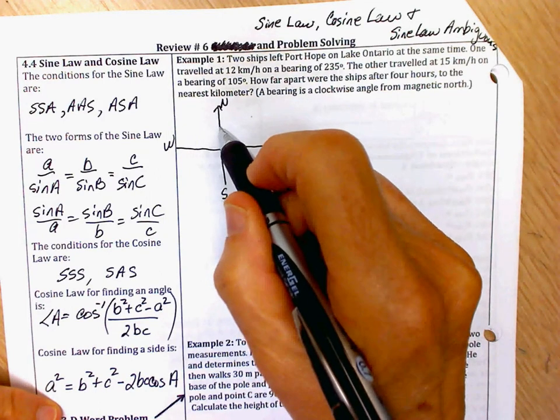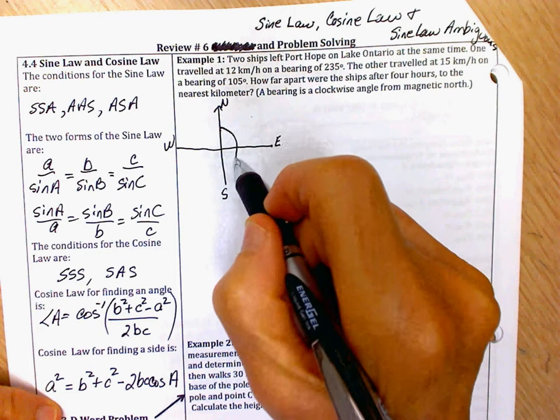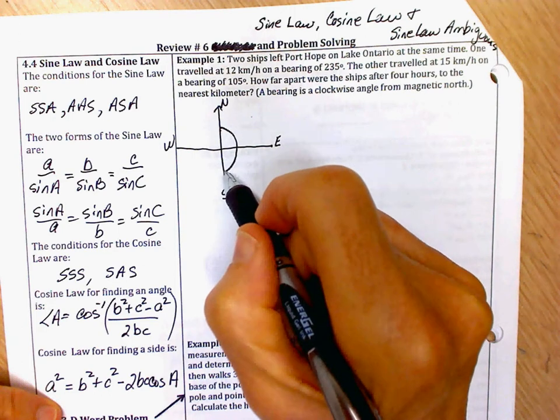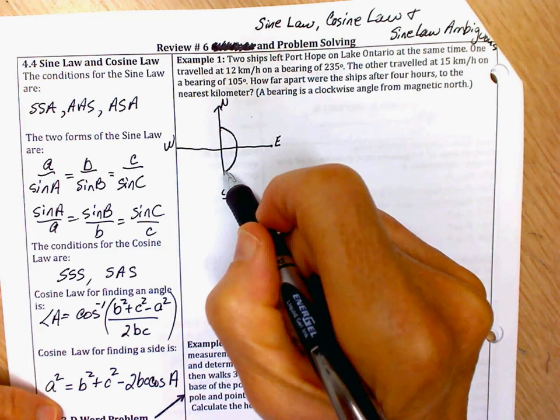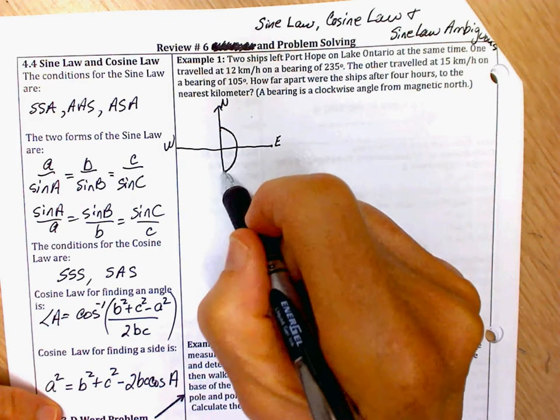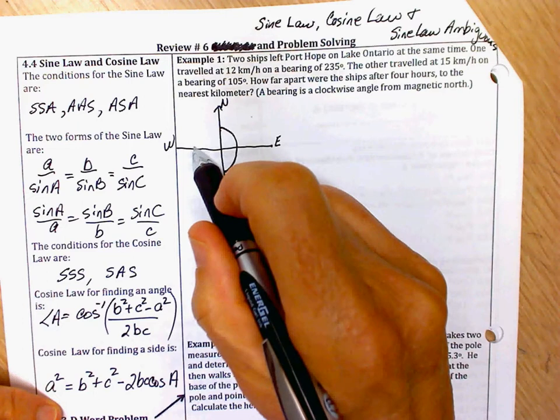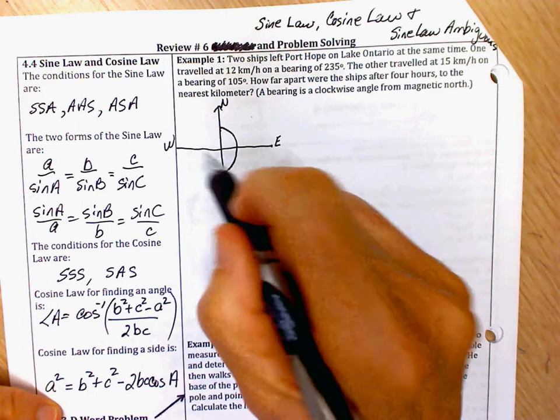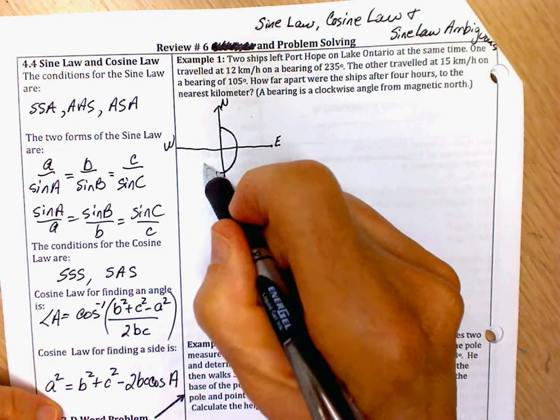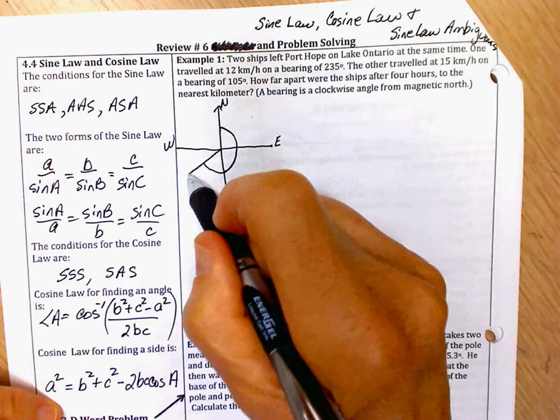This is 180, and if we go up to here, that would be 270, so that's too far, so it's going to go just a little bit below that. This is just a sketch.